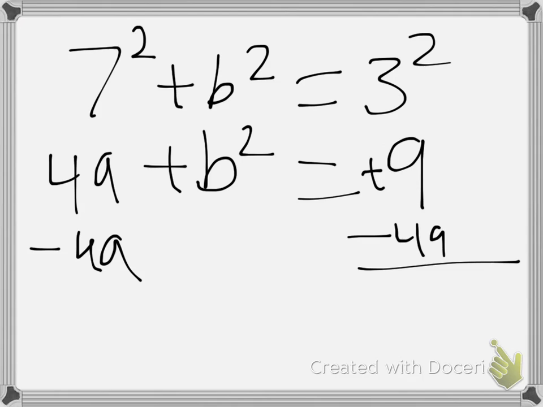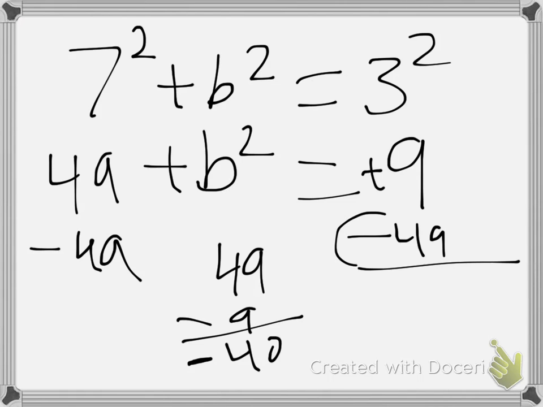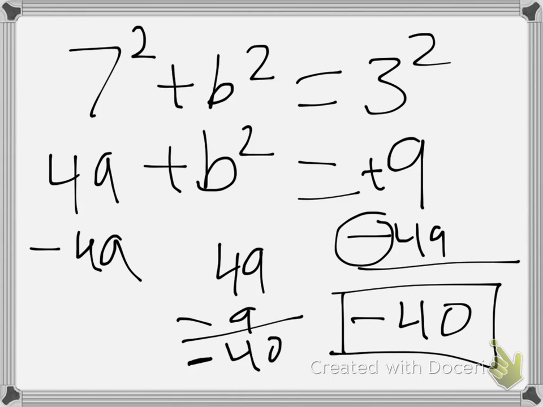So you can write this as 49 minus 9 equals 40. That's correct so far. But we have to keep the negative because of this. So that's just a little trick. That equals B squared.